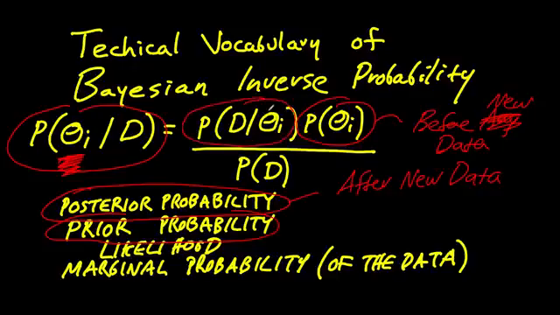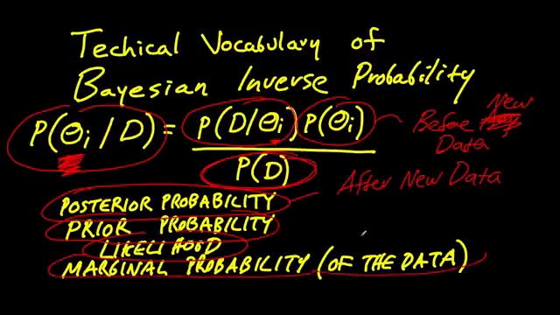The standard forward probability part of the problem, the probability of the data given each parameter theta sub i, is known as the likelihood. Okay? And the probability of the data on the bottom is the marginal probability, which, as we know, is equal to that term on the top for the first, and that term on the top for the second, and so on for however many terms there are.